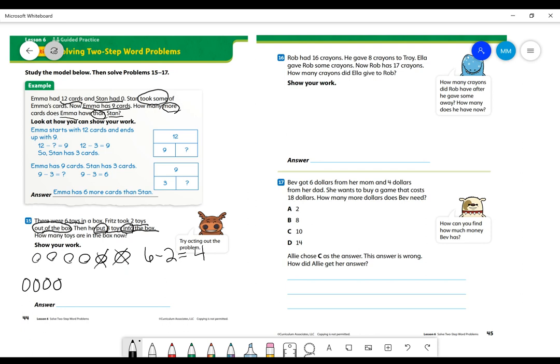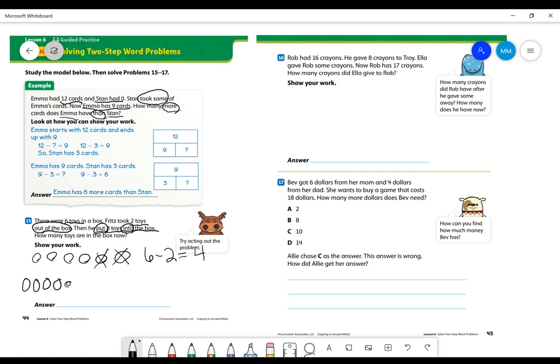So what am I going to do? Do I just have 8 toys in my box? No. How many did I still have from the first step? I still had 4. And if he put 8 into the box, am I getting more toys in the box or am I losing toys? I'm getting more. So how many more am I going to draw down here? I'm going to draw 8.